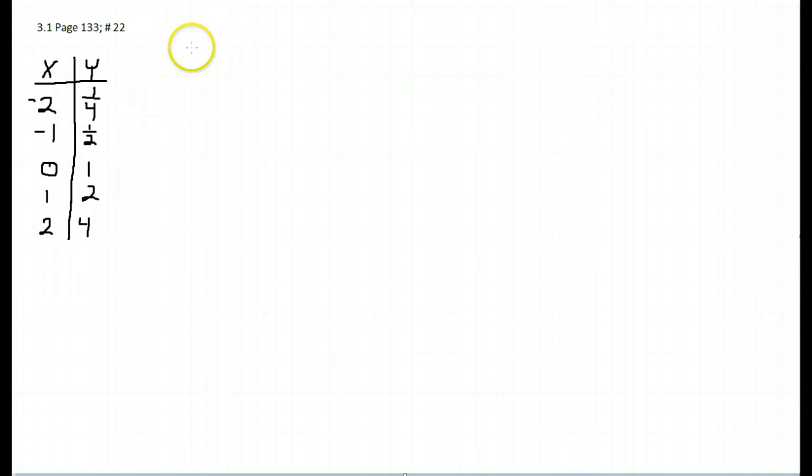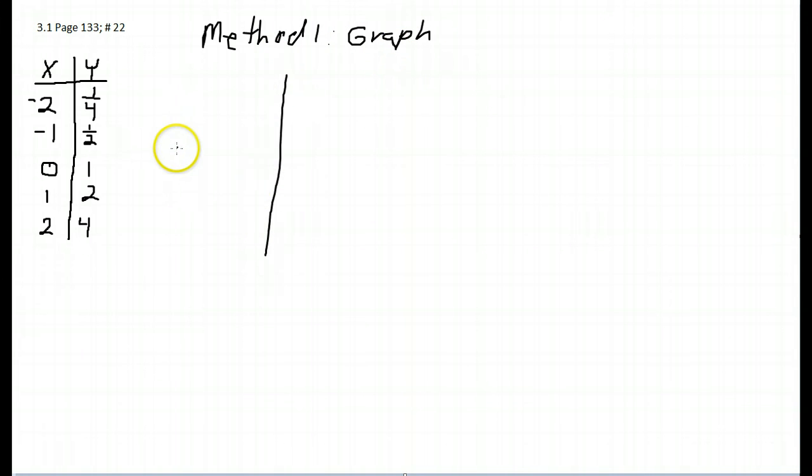For method 1, we are going to graph. So, method 1, graph. So we're going to draw our y-axis, our x-axis.